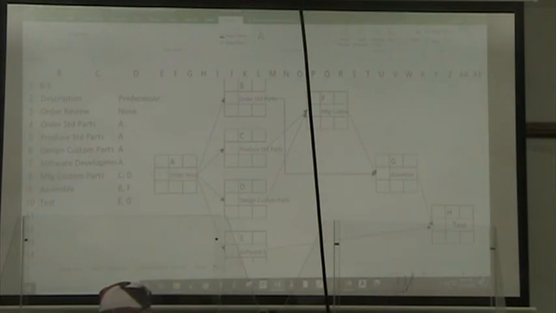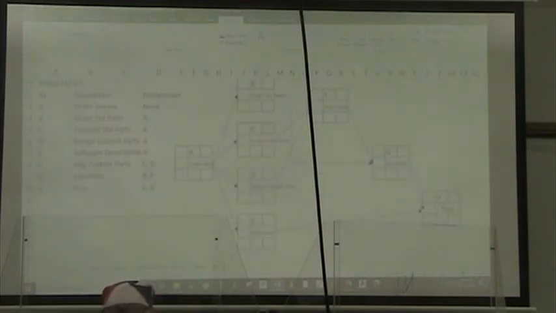All right, so let me reduce the size slightly. You can see now we have put together our network and it makes sense.